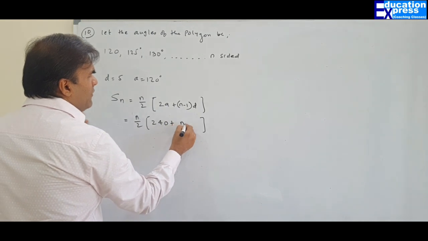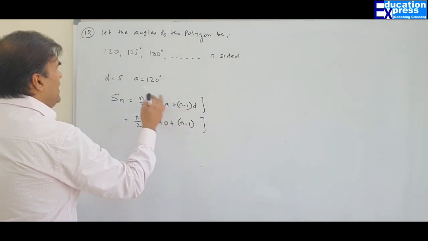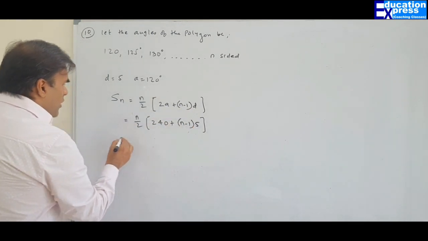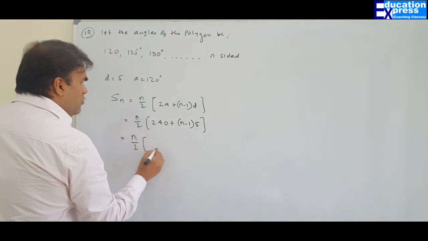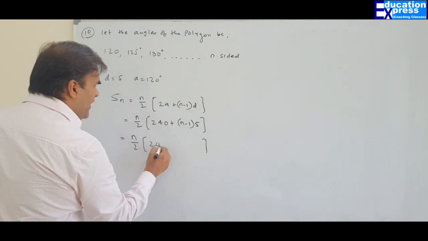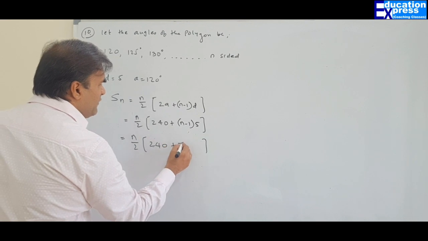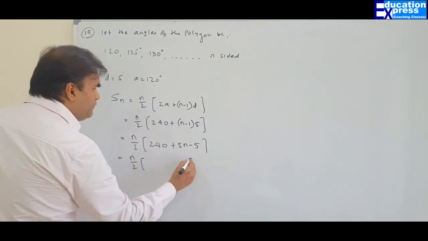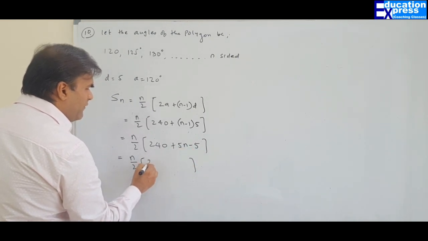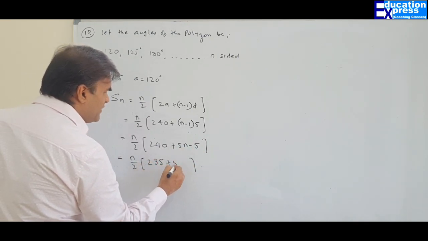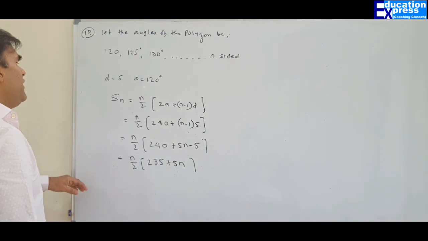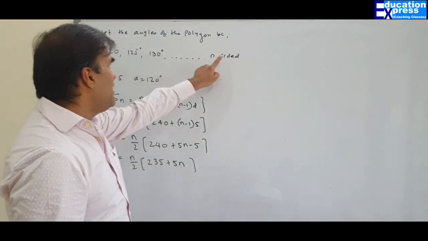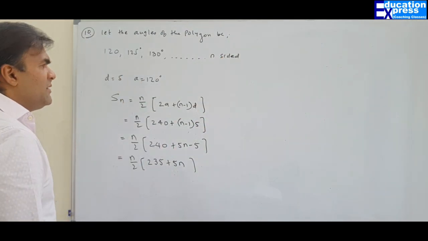N minus 1, no idea about n. D is going to be 5. So this will be n upon 2 times (240 plus 5n minus 5). That would be n upon 2 times (240 minus 5, 235 plus 5n). So far we know that the sum of all these angles is going to be this much.